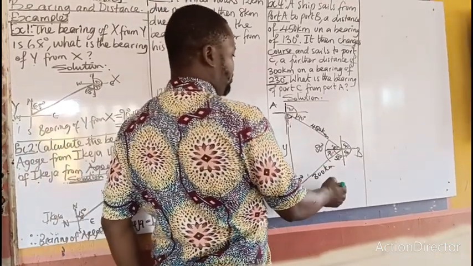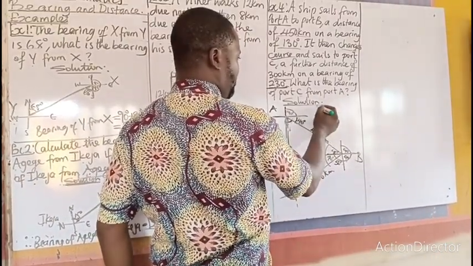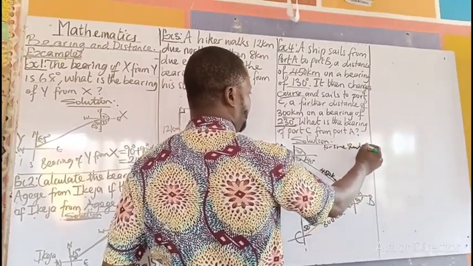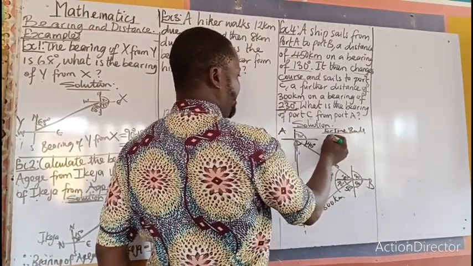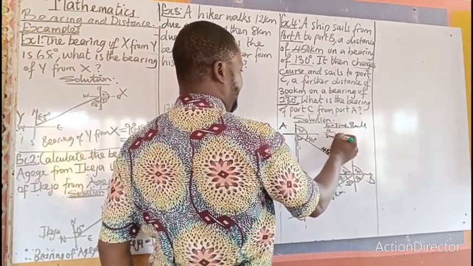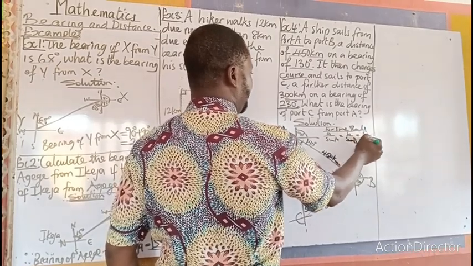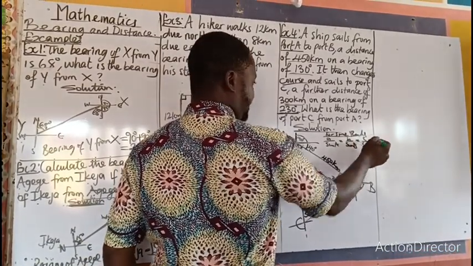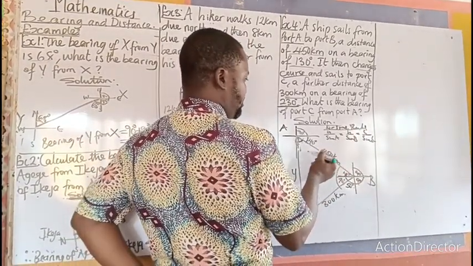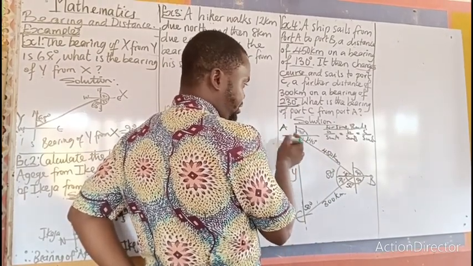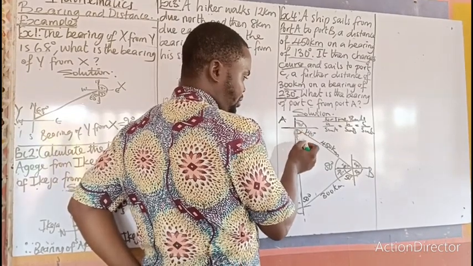If you want to use sine rule, you'll be having something like a over sine A, b over sine B, c over sine C, right? What's your a? Your a is small letter a. Leave this our A. The small letter a will be where?